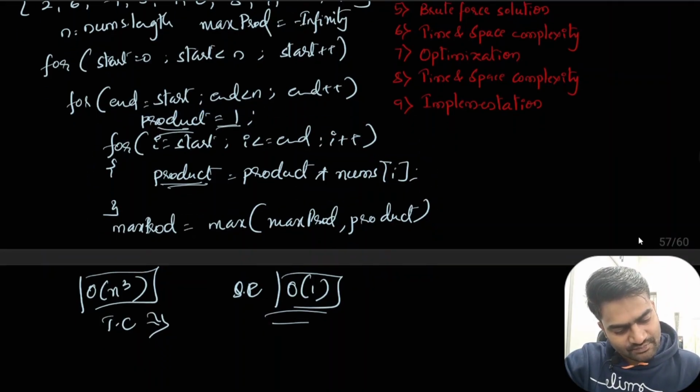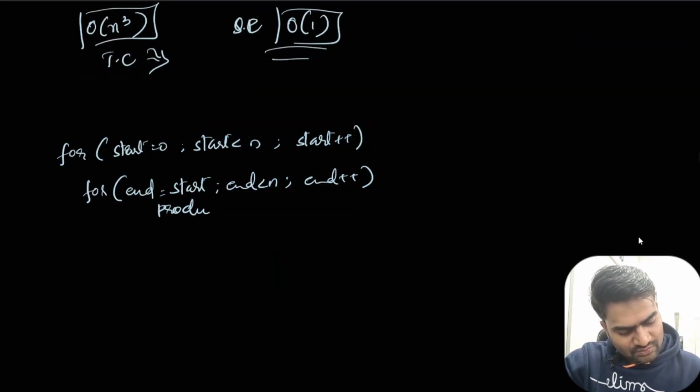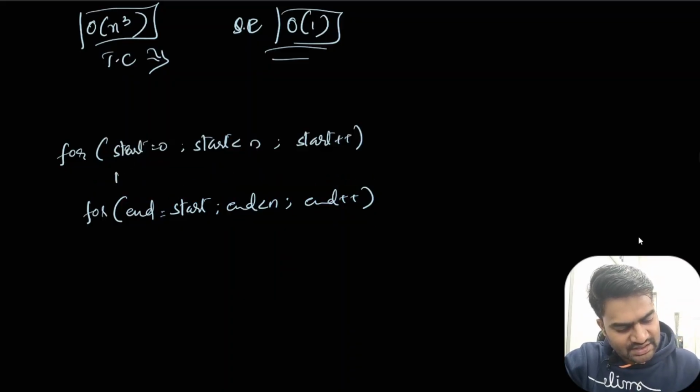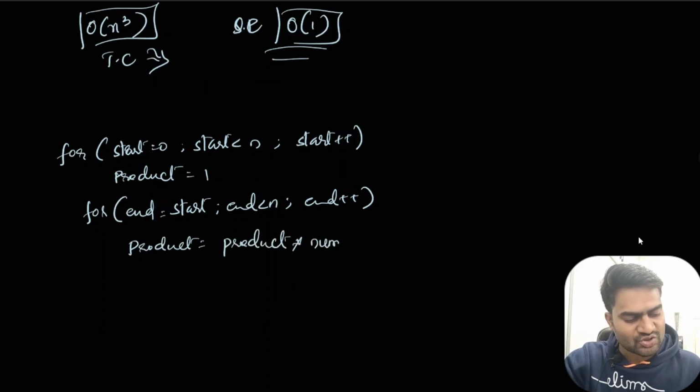I will copy these two loops. Okay, I will paste them here. So now what I will do, I will move this a little bit down. Now I will say my product equal to 1. Then here inside, product equal to product into nums of end.